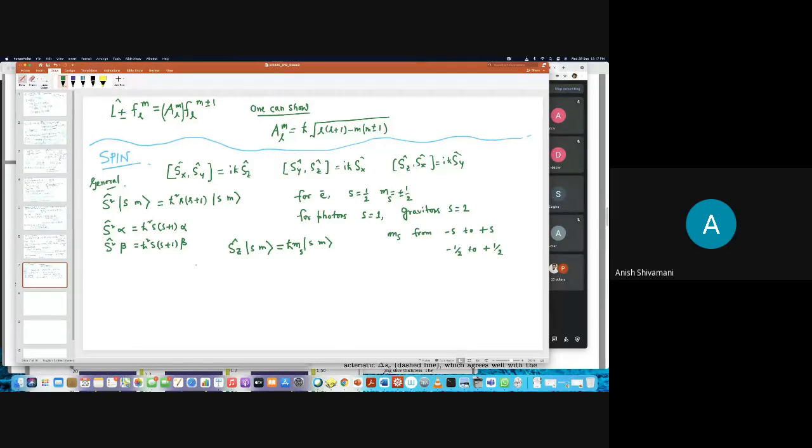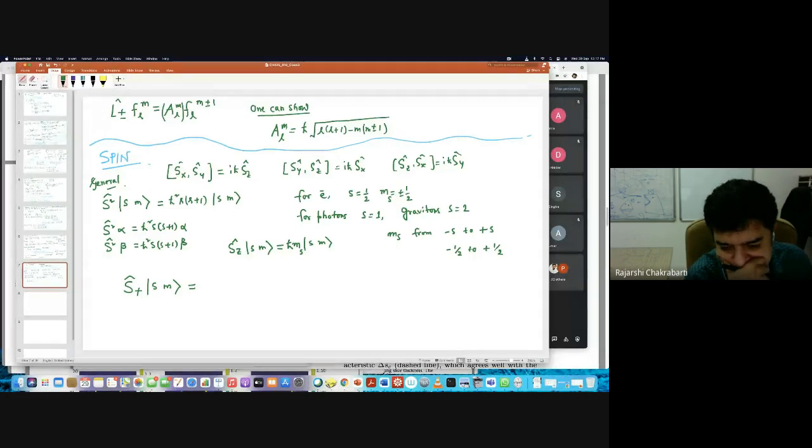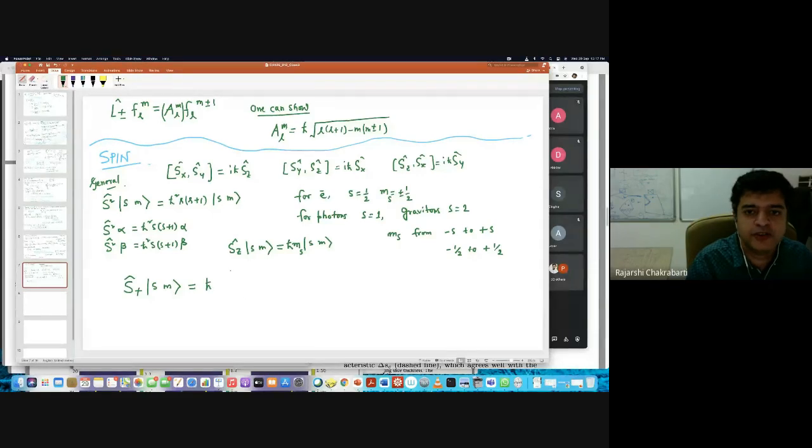Yes, sir. So if I now operate S plus on this |s m>, what am I going to get? Tell me. Because we are making an analogy, we are just mapping this onto the orbital angular momentum. What is this going to be? Can anyone tell me? Some coefficient into |s m>. Yes. And the coefficient is going to be this. Look at this expression.